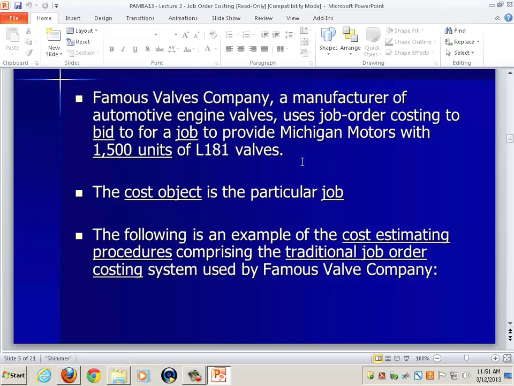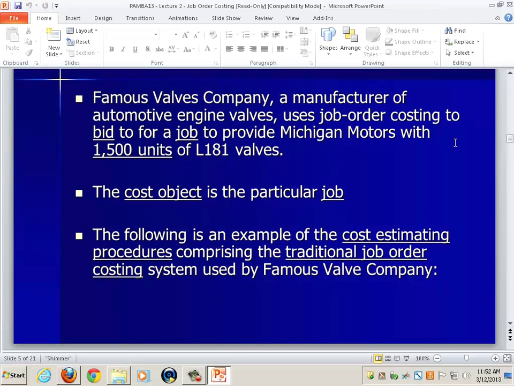And these jobs involve Famous providing Michigan with 1,500 units of L181 valves. So the cost object is the particular job, that particular job of 1,500 units of the L181 valves. The key is that in many cases, you want to bid for the jobs.